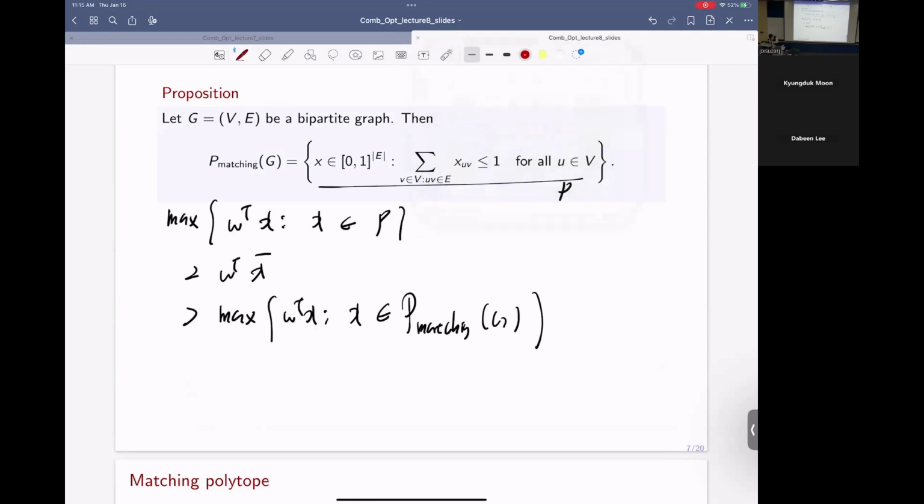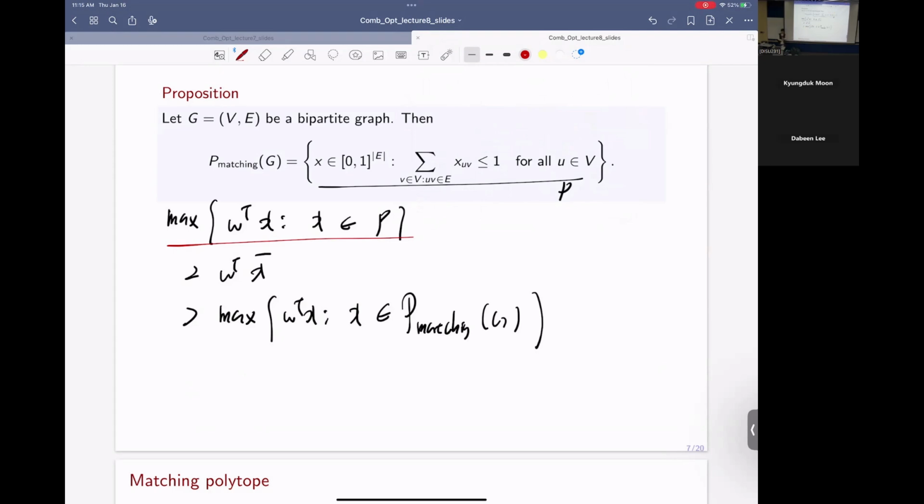But what is the leftmost side? We optimize this linear function over the system with these inequalities. This is the value of the LP relaxation.